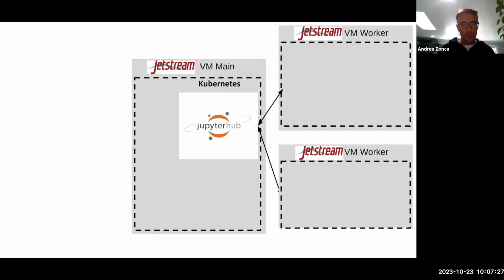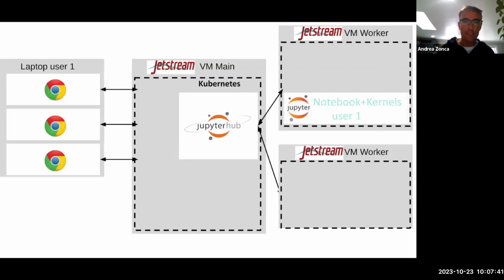So the first step we do for this deployment is we deploy JupyterHub. JupyterHub is a multiple-user Jupyter Notebook interface. So you have this JupyterHub service running somewhere on your Jetstream cluster, and this is what we're going to do next.